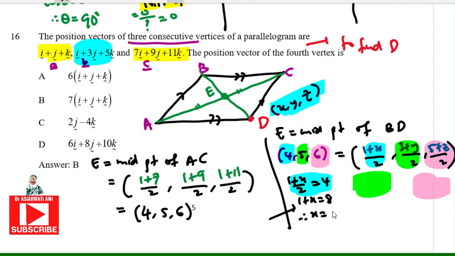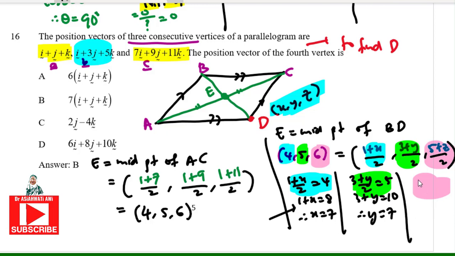Therefore, X is equal to 7. Component J, 3 plus Y over 2 is equal to 5, 3 plus Y is equal to 10. Therefore, Y is equal to 7. Component K, 5 plus Z over 2 is equal to 6, 5 plus Z is equal to 12. Therefore, Z is equal to 7.